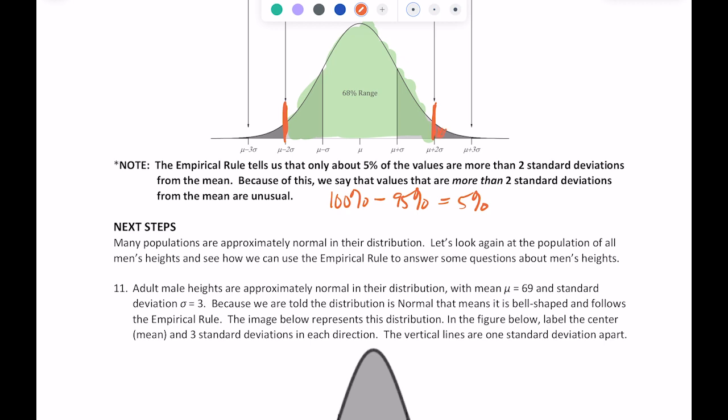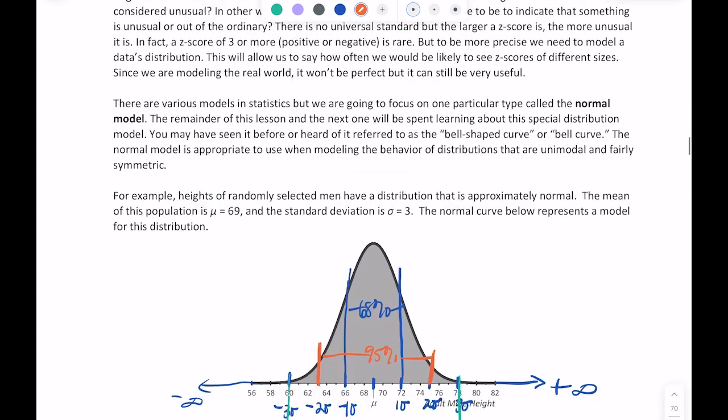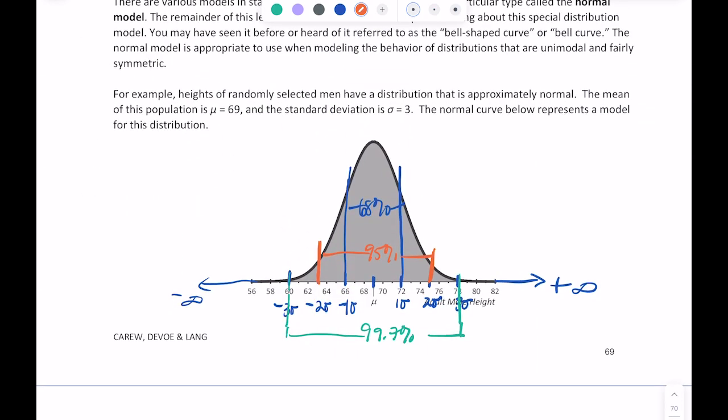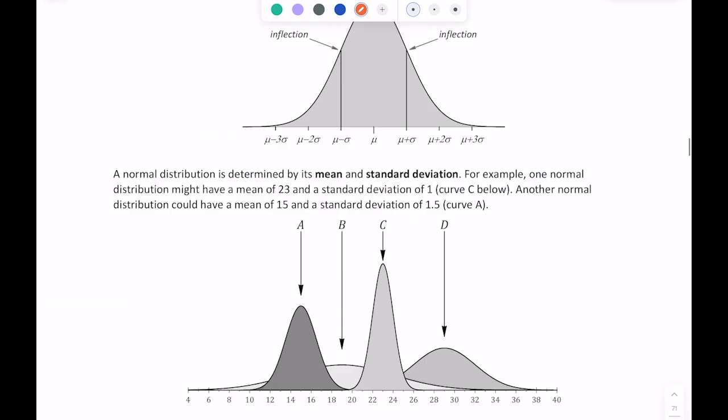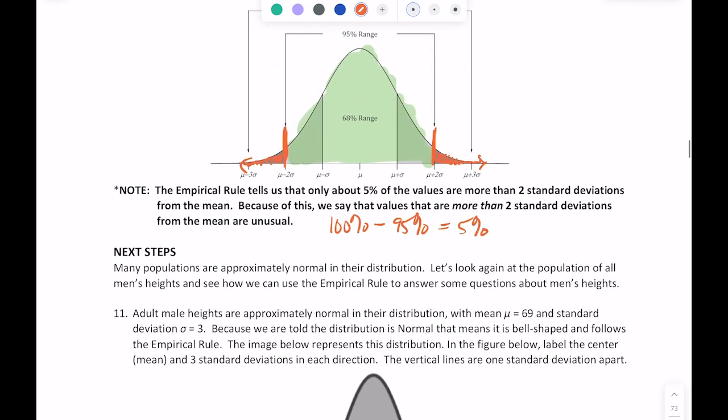So the 5% represents this tail and the area under this tail, which of course goes on forever. That would tell me that 5% of male heights would be more than whatever that value was. I think it was 75. So more than 75 inches and less than 63 inches. Only 5% of individuals would fall into that category.